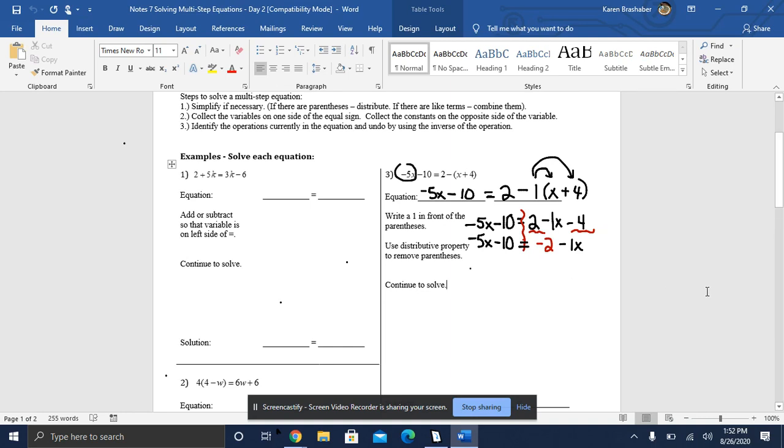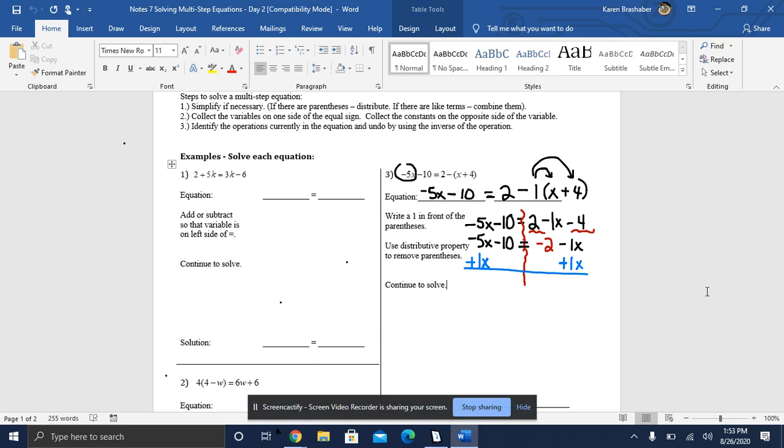So I'm going to draw the separator down just a little bit more. And I'd like to get my x's on the left-hand side of the equal sign. I'll do that by taking the minus 1x and doing the opposite operation. So I'll add 1x. I want to be sure to add that to the like term on the left-hand side of the equal sign, on the left-hand side of the separator.